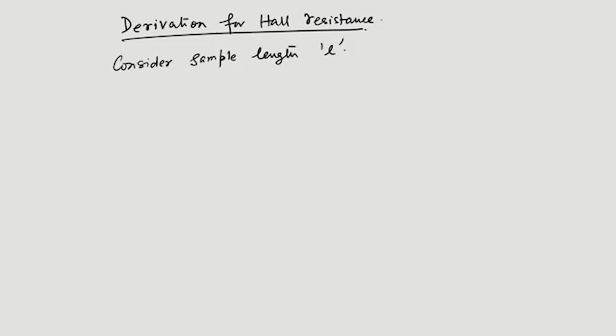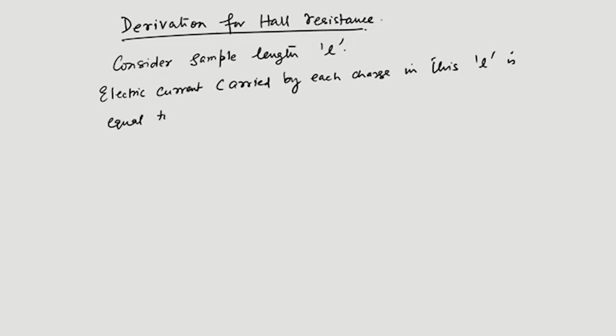So the electric current carried by each charge, each electron in this length L, is equal to minus eV over L, where V denotes the group velocity.